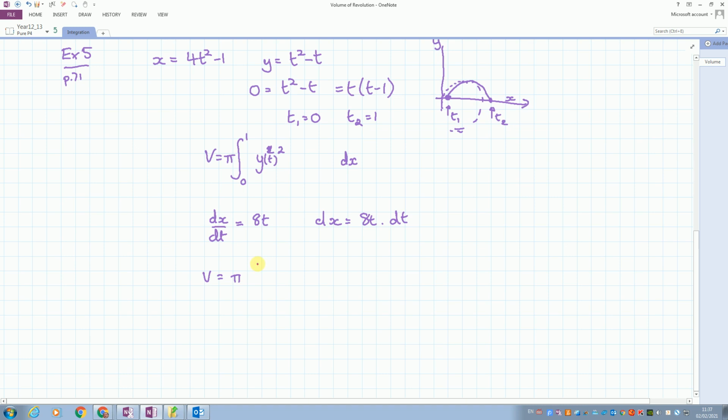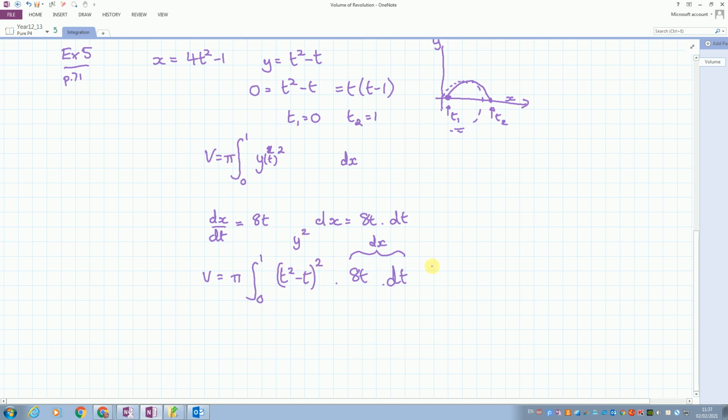So we're going to do the integral from 0 to 1 of the function y squared, so that's y all squared, times my 8t with respect to t. So there's my dx, and that's y squared. So we've got pi times the integral of y squared dx.